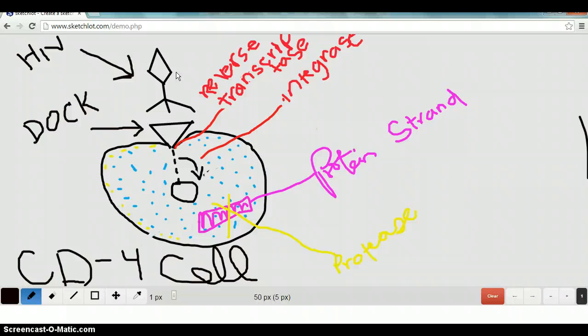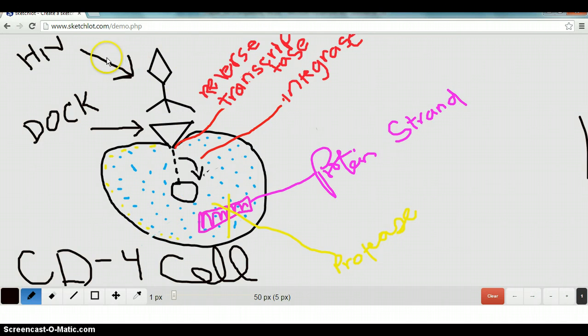In other words, someone who left the gate open. That's who they're looking for. And CD4 cells would be your helper T cells. These are the cells that HIV infects. And it's actually CD4 counts that we measure to determine how infectious you are with HIV.